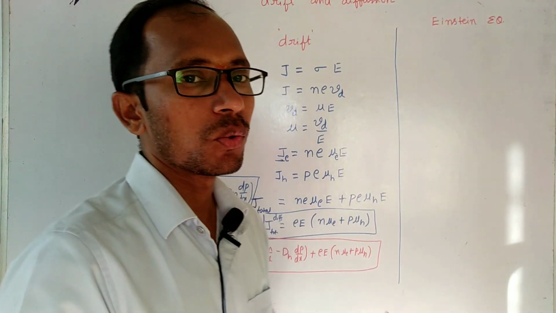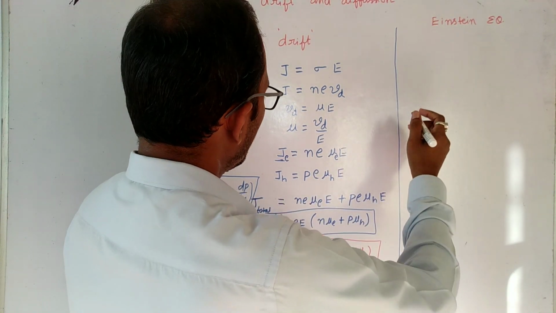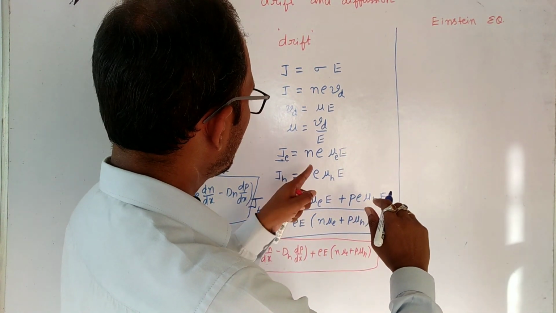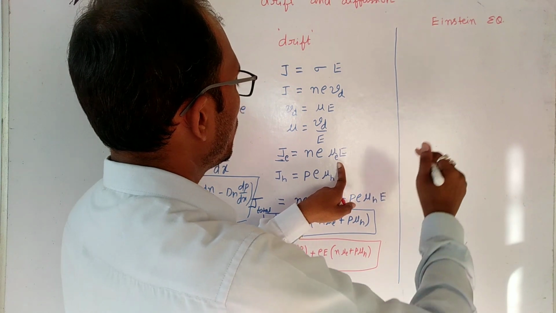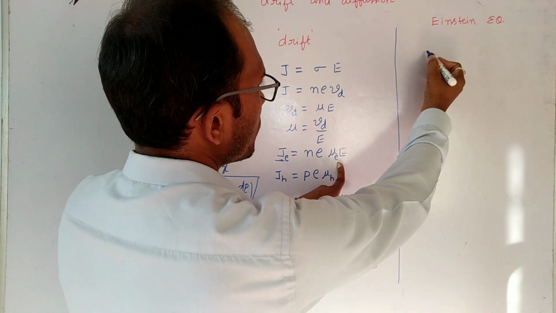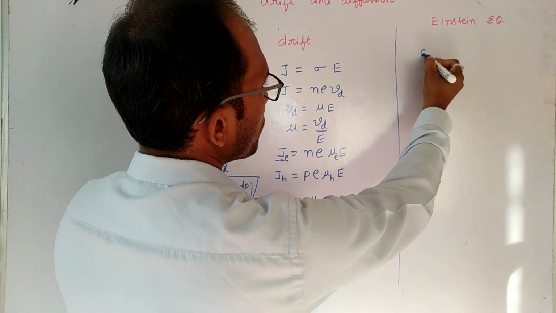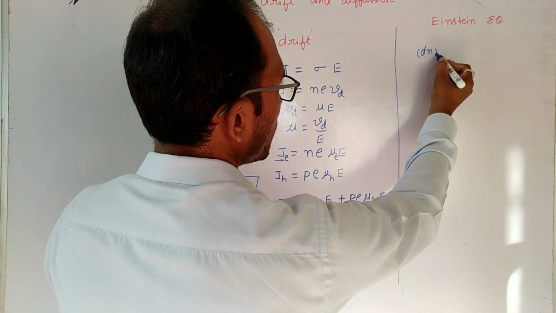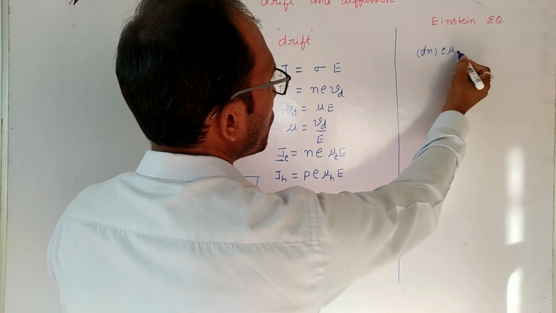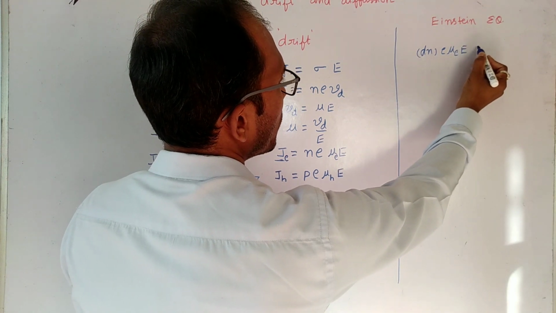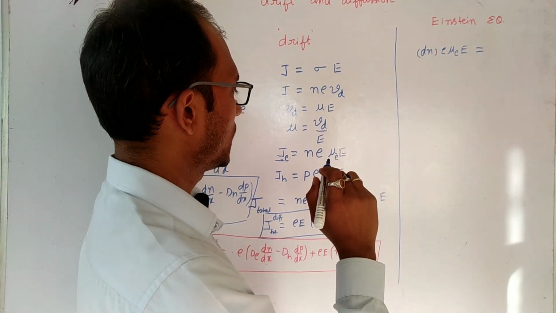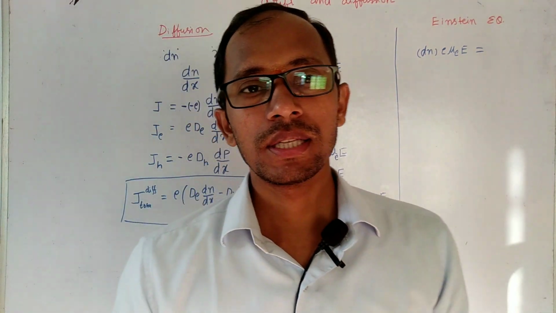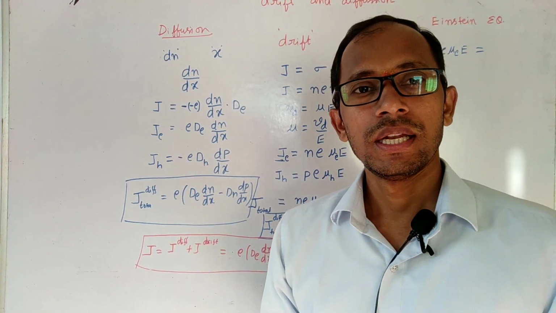That means the drift current due to electrons, what is the drift current due to electrons? The drift current density is Ne mu E. If I take a small concentration dn, then dn into mu_e into E is always equivalent to the diffusion current.